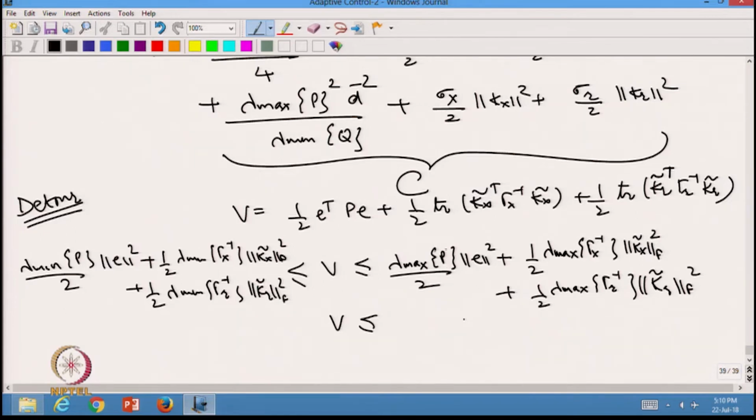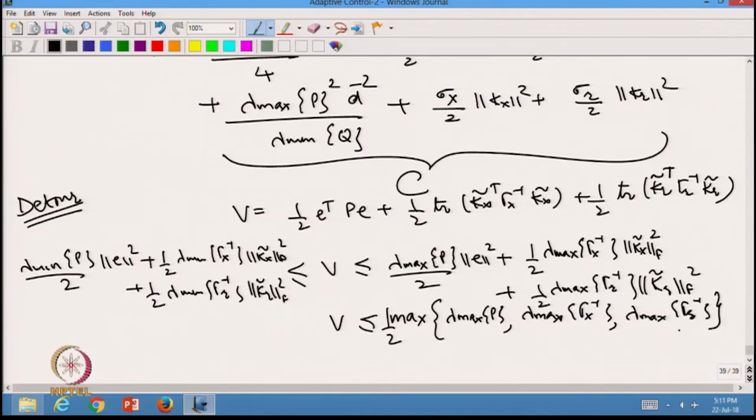If we consider the maximum coefficients of all these, then we can further upper bound V using one over 2 the maximum of lambda max of Gamma x inverse and lambda max of Gamma r inverse, times norm of e square plus norm of Kx tilde square plus norm of Kr tilde square.